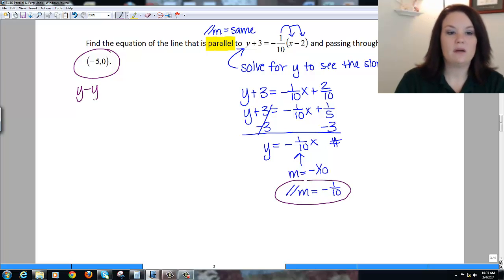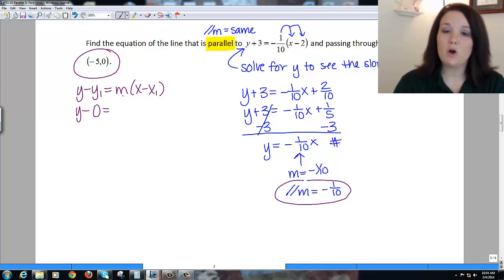So I do y minus y1 is equal to m times x minus x1. So I do y minus the y from the point that they gave me, which is 0, is equal to the slope, which I found using the other line, which is negative 1/10, times x minus the x that they gave me, which is negative 5.